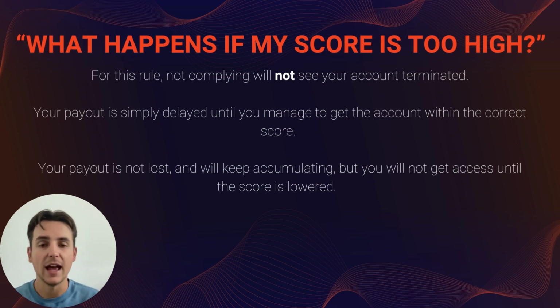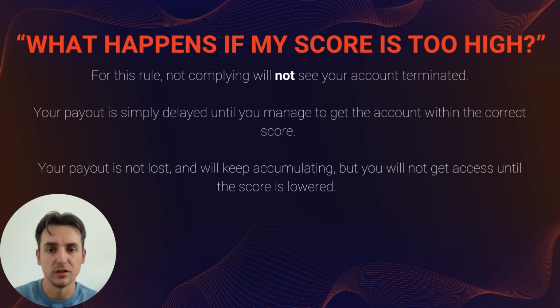So if at the end of your trading month you find that your score is, for example, 30, then you still have time. Your payout is somewhat banked, but not given to you until you show greater consistency, let's say over the next week, and you lower your score. Then your payout is given.